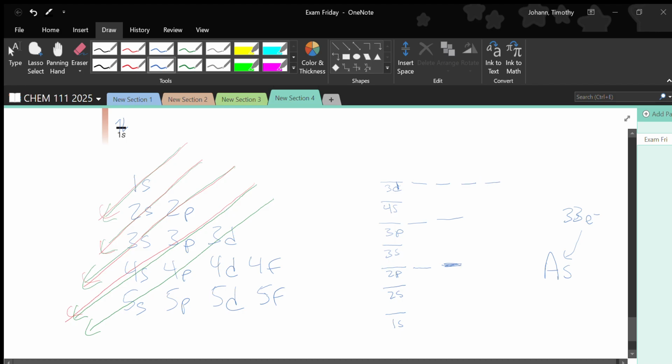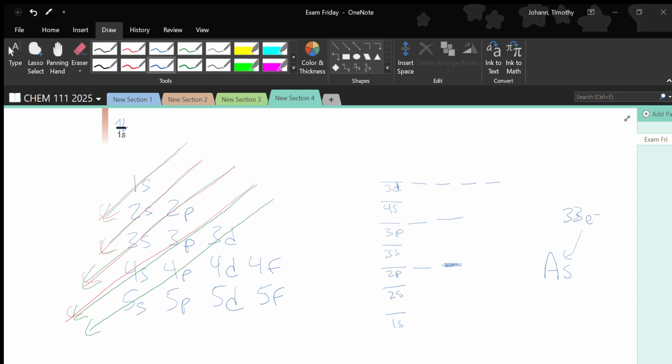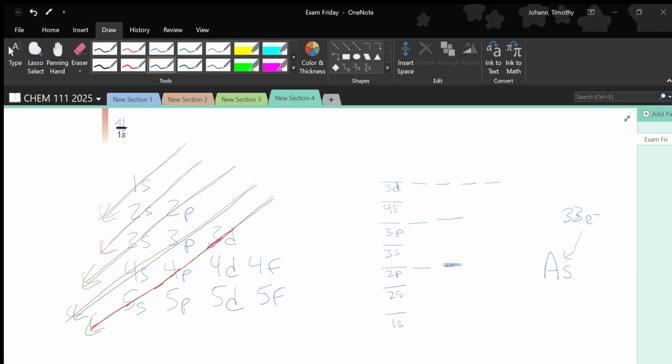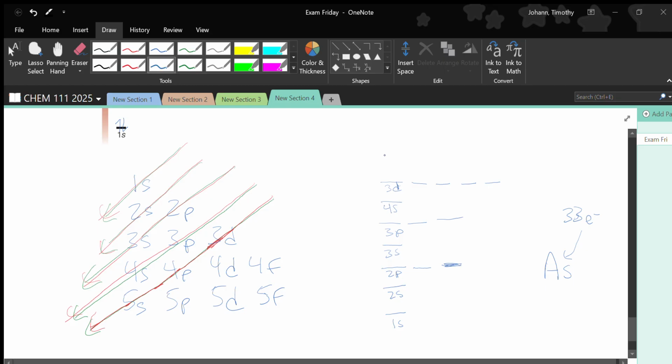So it's going to be 1, then 3, then 5, then 7, right? Easy pattern to remember for S, P, D, F. All right, 3D, we're here at 3D on my diagram. Now 4P, now 5S.